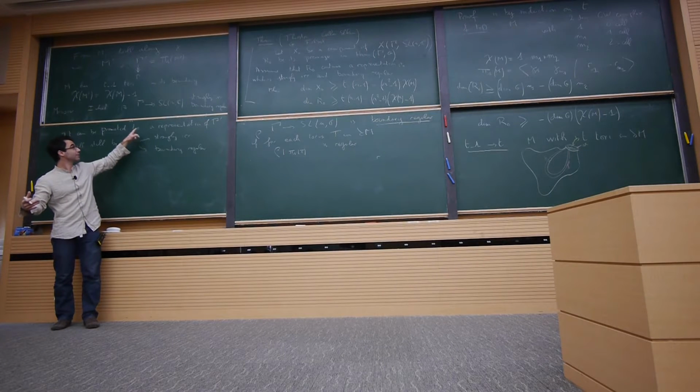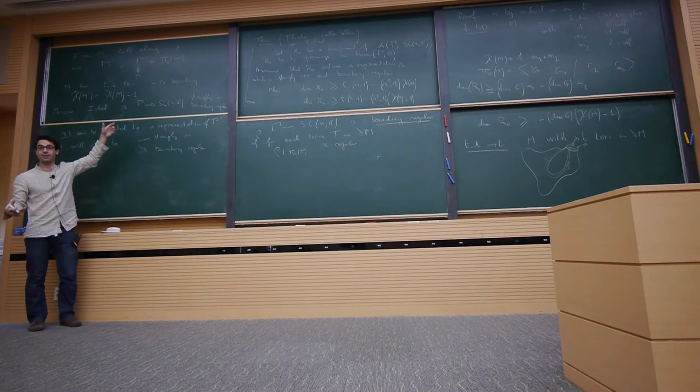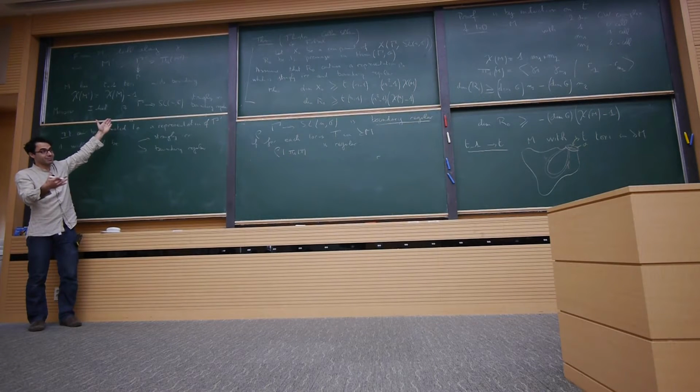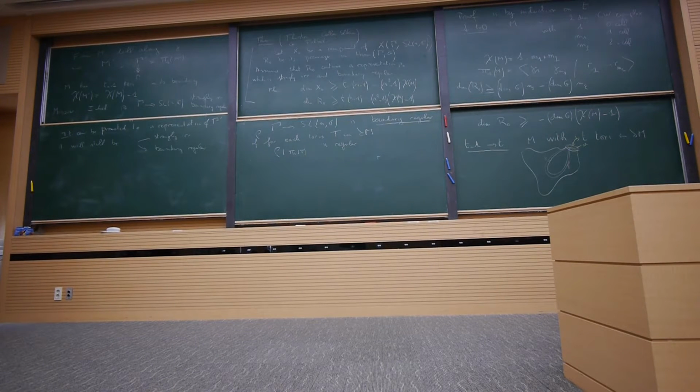So the restriction of rho naught to a boundary torus of M prime is the same as the restriction of rho naught to the relevant boundary torus of M. So by assumption, the representation is regular for this torus. Okay. So now you can use the induction hypothesis.